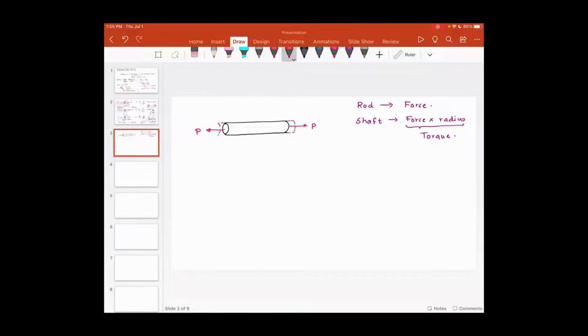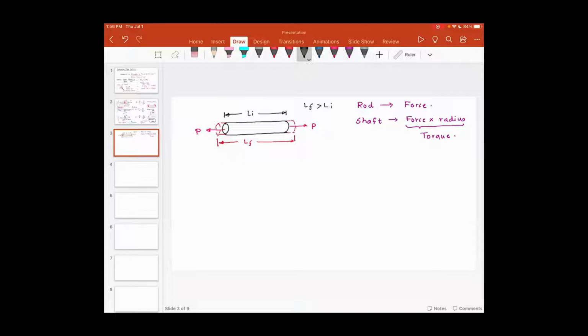Probably the elongation is uniform on both sides. So this is the final length. I'm going to call this LF, which is the final length, and there is this initial length, Li. And please note, LF is greater than Li.